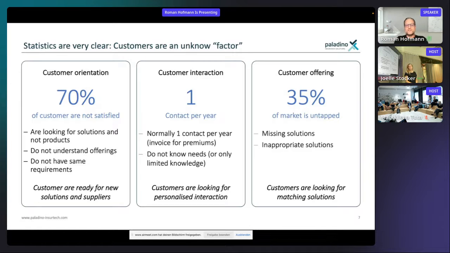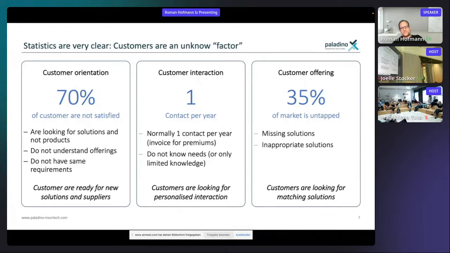We normally have one contact per year in the insurance sector. That's when we send an invoice, and this is normally not a very positive contact, because you have to pay. And we are convinced that about 35%, or a third, of the market is just untouched at the moment because there are no products or we do not see the opportunities. And I think there's a lot we can do in the future for our customers.